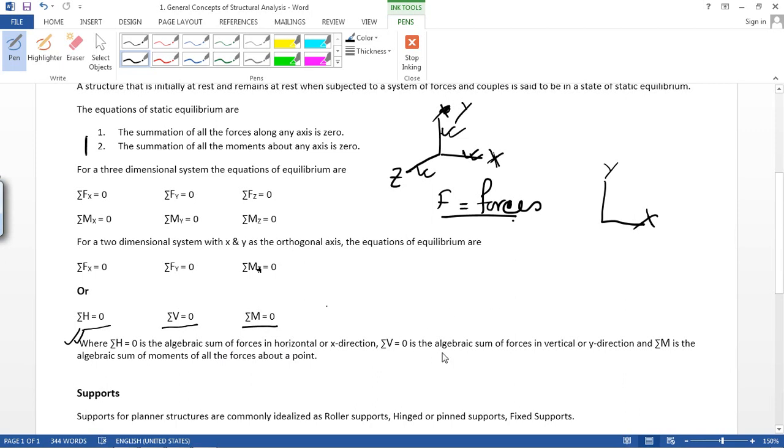Summation of forces in the vertical direction or y axis is equal to 0, and summation of M is the algebraic sum of the moments of all the forces about a point is 0.